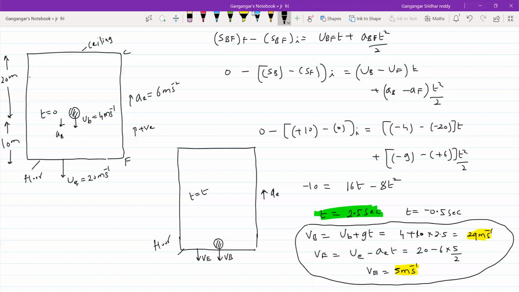Earlier you took UV all negative, positive, all that. But look here. The sign for VB, VF, G, and A is determined by the initial velocities.